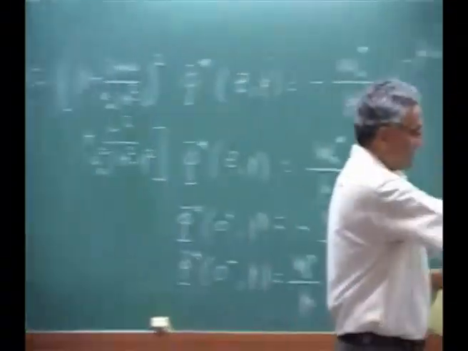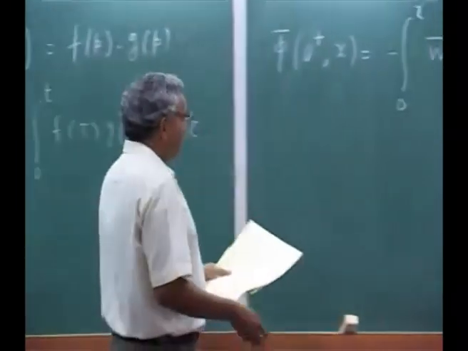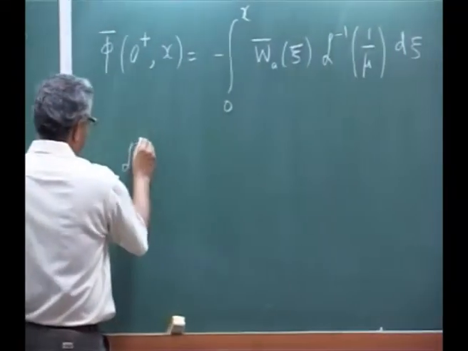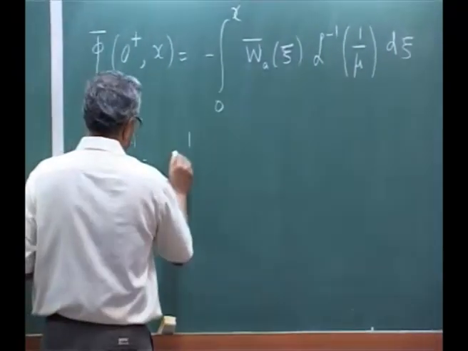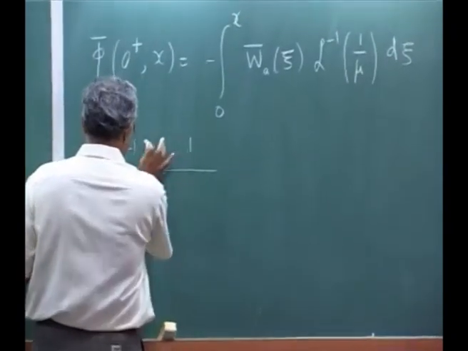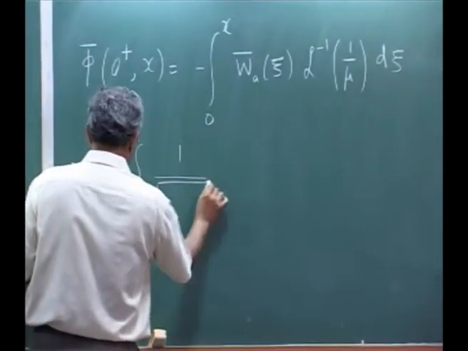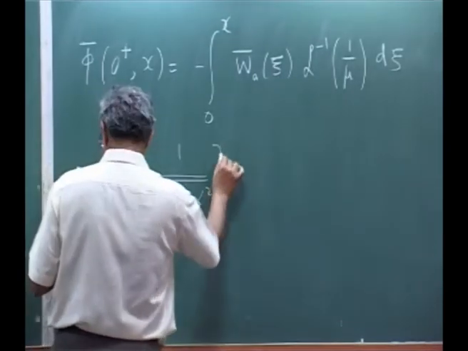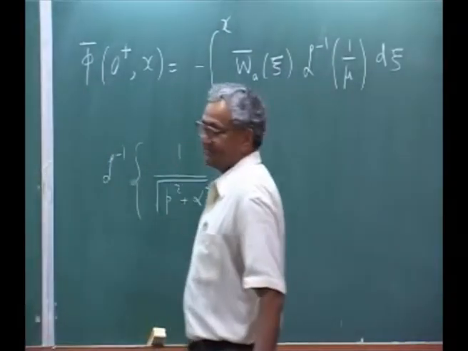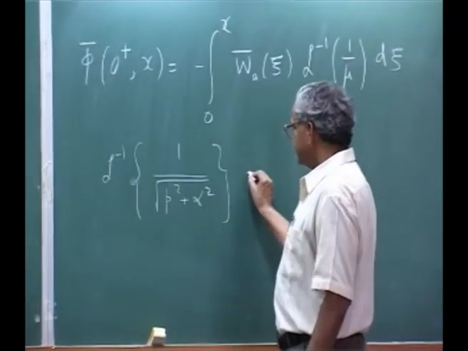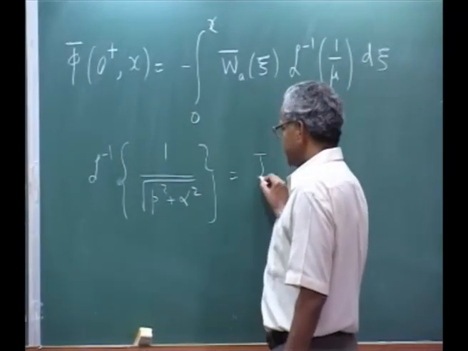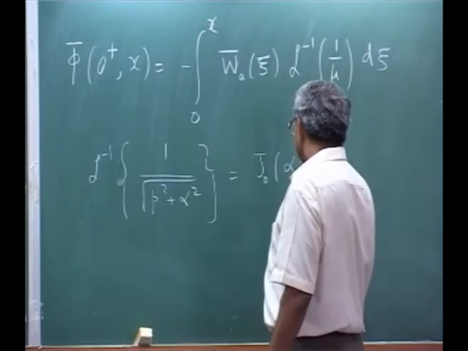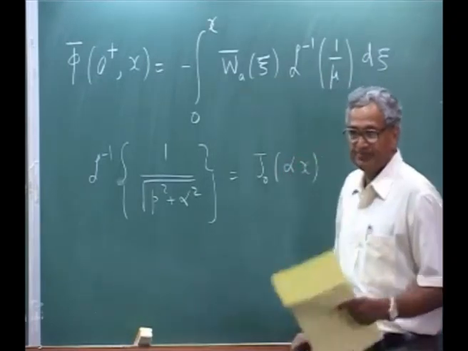Now that is the mu. The Laplace inverse of 1 over square root of p square plus alpha square, okay, is actually a Bessel function.